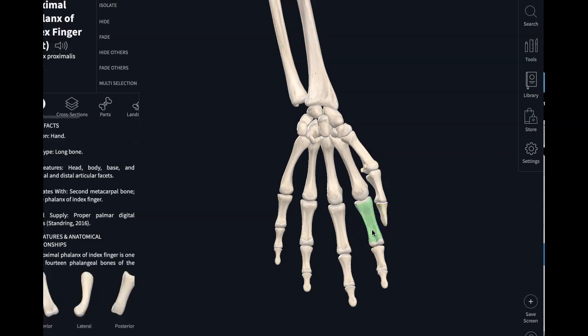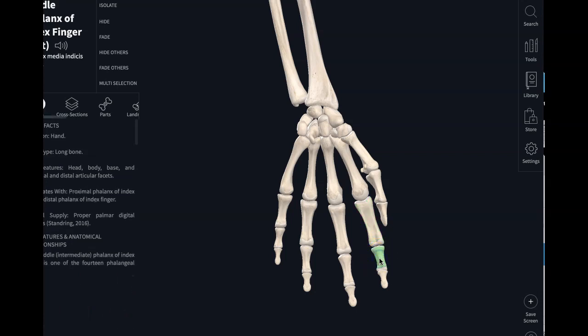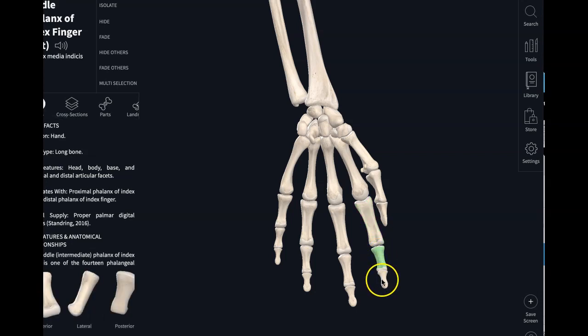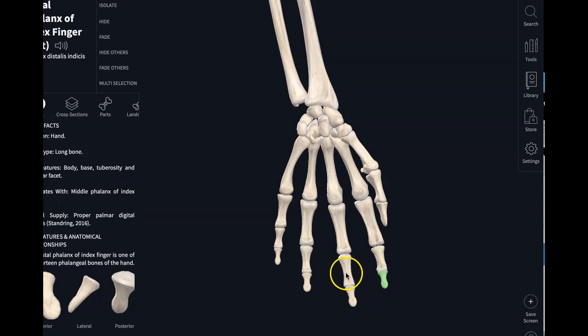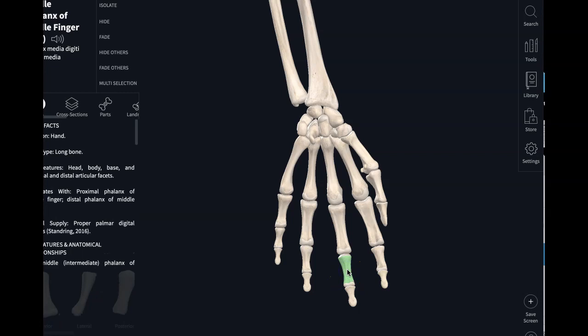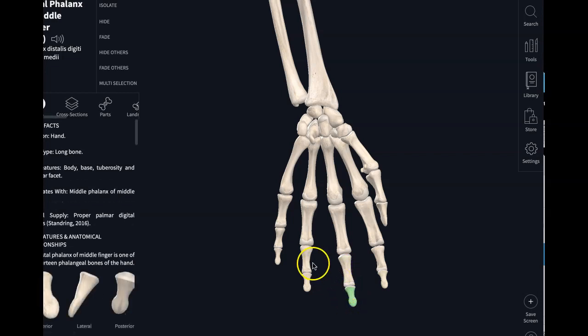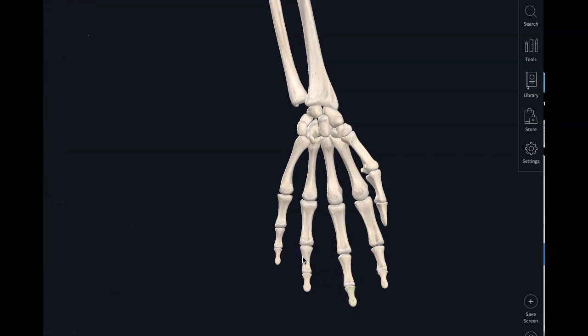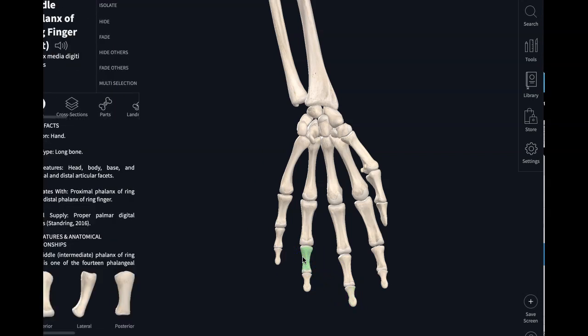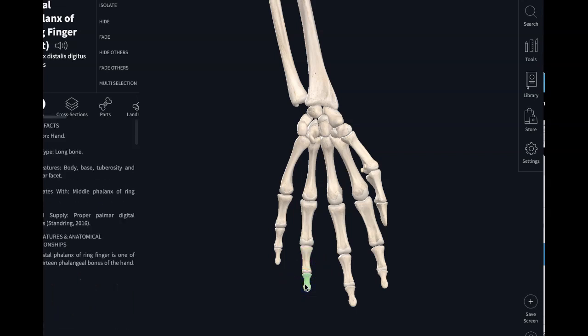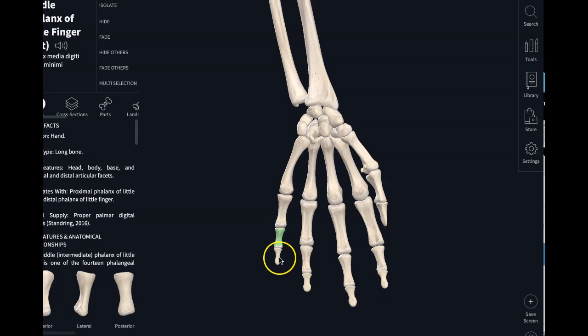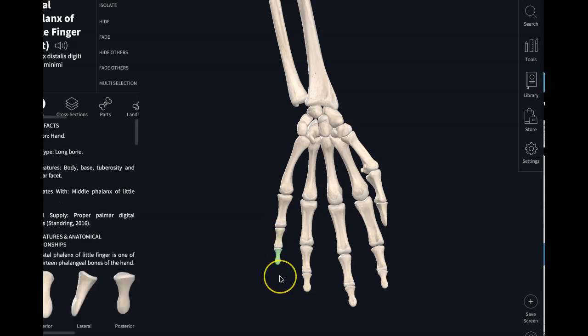Proximal phalange 2, middle phalange 2, distal phalange 2. Middle phalange 3, distal phalange 3. Middle phalange 4, distal phalange 4. Middle phalange 5, distal phalange 5.